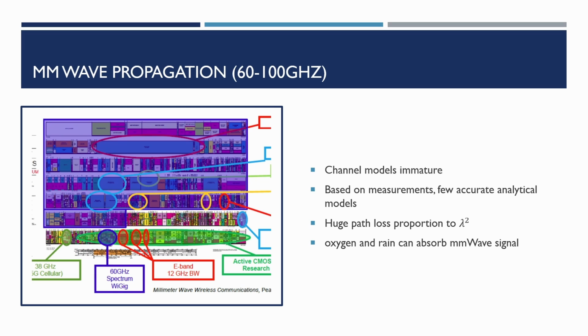Channel models are currently empirical, based on measurement, and there are only a few accurate analytical models. There is a huge path loss proportional to lambda squared in millimeter wave propagation, and even oxygen and rain can absorb or attenuate millimeter wave signals.